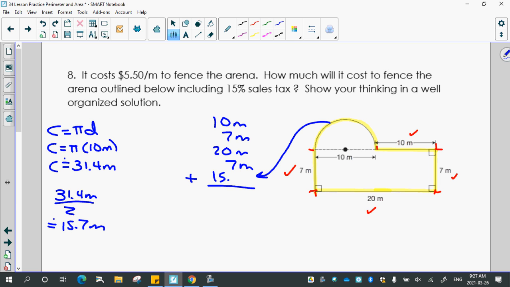So that 15.7 meters I have to add up. And then that should be my perimeter approximately, because the 15.7 is rounded. So 10. I add up both sides, I get 59.7 meters.